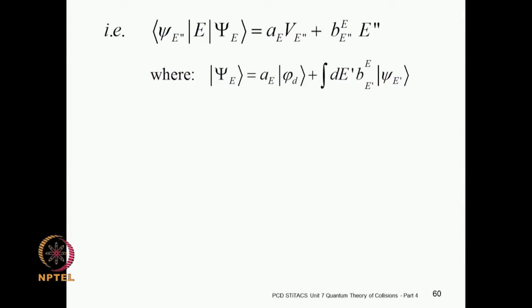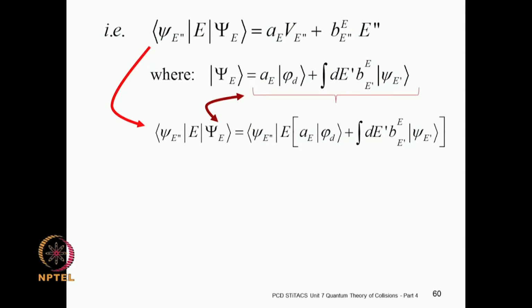Okay. So, here are the relations we have. Now, this is the result that we got on the previous slide, and in this I now put this superposition on the right side.